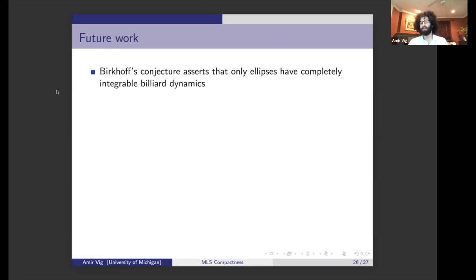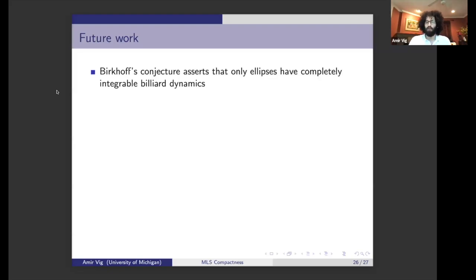Okay, so those are the main ingredients in the proof, which obviously I don't have enough time to present, and presumably nobody else wants to see that proof in its entirety. But I do want to mention some future work. All of this is in the direction of Birkhoff's conjecture. I haven't told you what that is, but Birkhoff's conjecture asserts that only ellipses have completely integrable billiard dynamics.